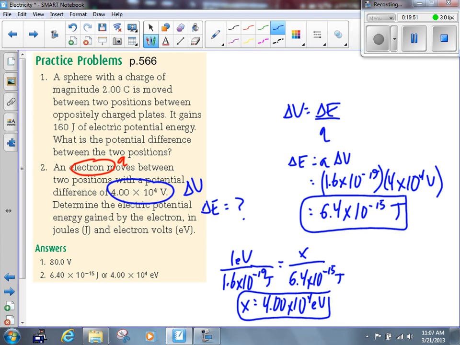But if we're dealing with an alpha particle or something that has a charge other than 1.6, then the potential difference won't be the same as the number of electron volts. So I would caution against just remembering that the potential difference is going to be the same as the electron volts. That works if we're dealing with an electron or proton, but not if we're dealing with something that doesn't have that charge. I'd go through that process each time, just to make sure. Okay?